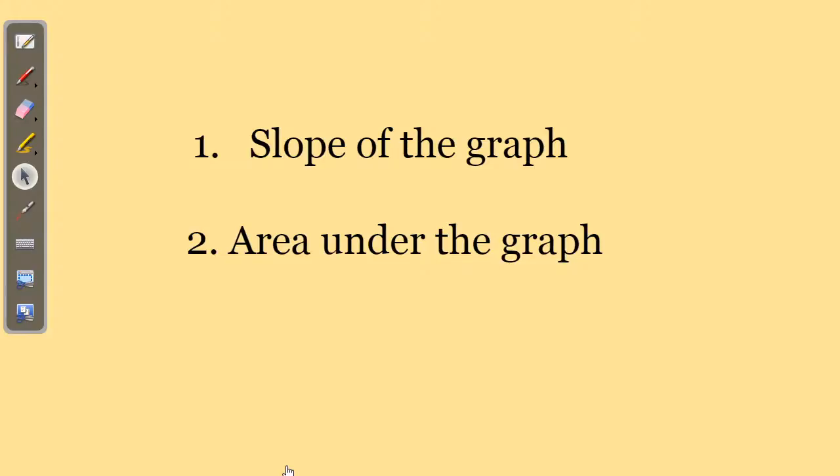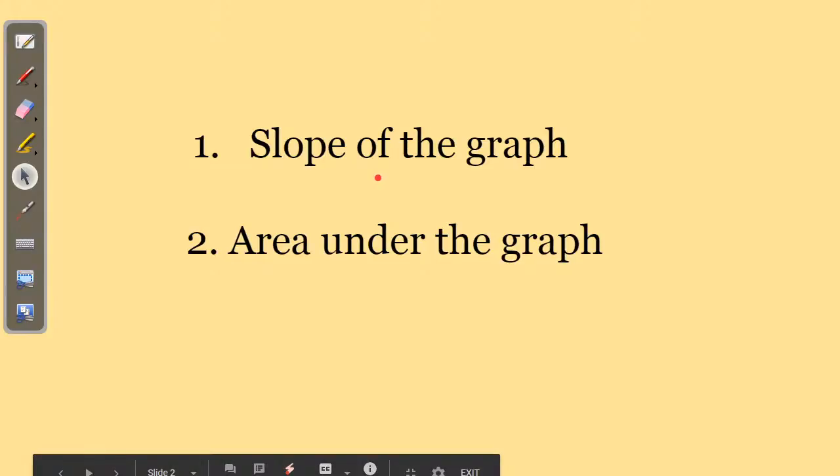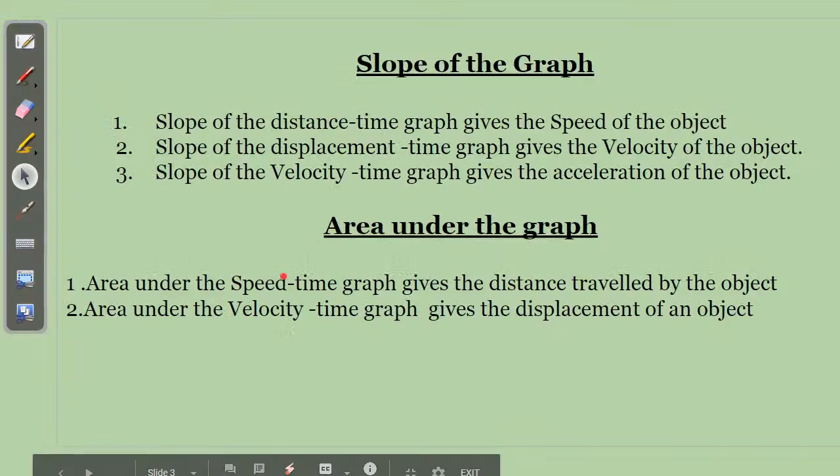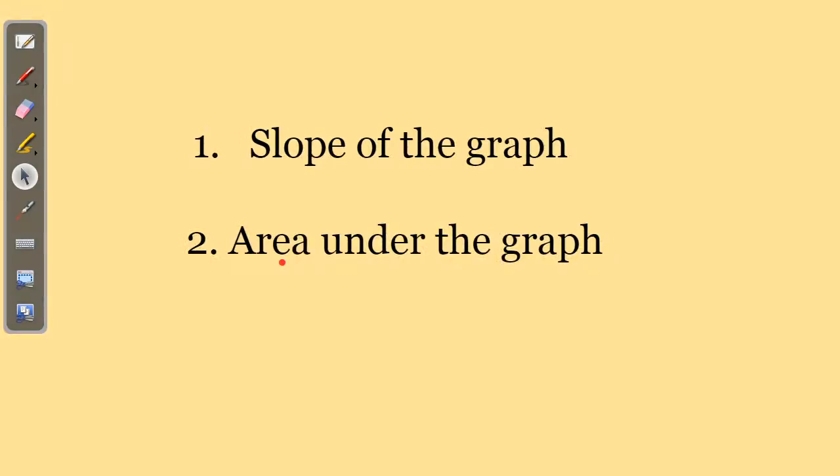The first thing is either you calculate the slope of the graph or you calculate the area under the graph. This is the logic that you have to apply in any kind of problem related with graph.